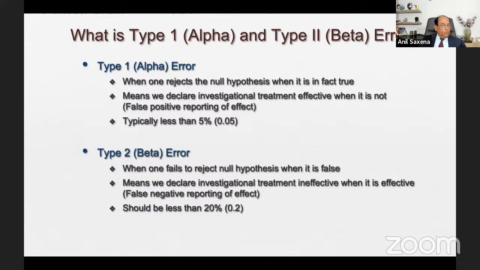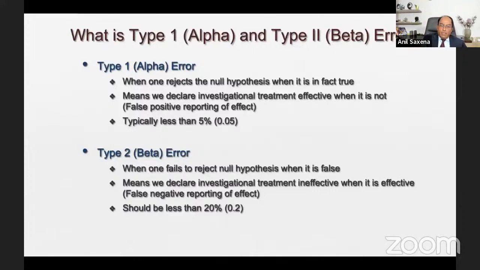And again, we don't want to know how to calculate that. We will talk to our statistician that we want to have this much. Some trialists want 90% power, but you have to have at least 80% power for your trial to have some credibility. So these are the terms that we must know. What is the alpha error?